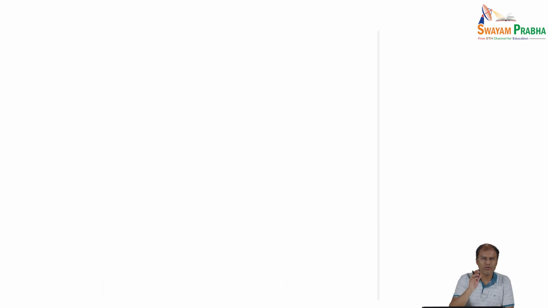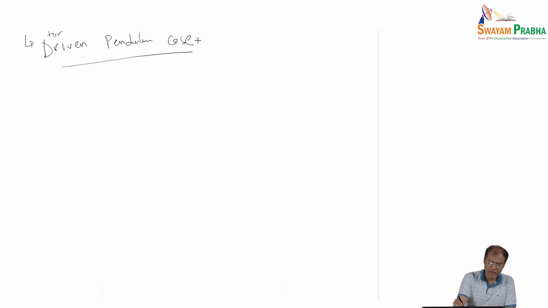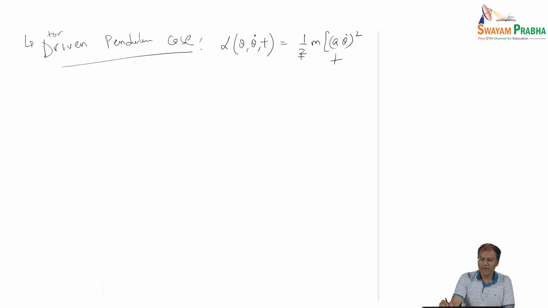So for example, let me just show you with an example. For our driven pendulum case, we see that L of theta comma theta dot comma t. Now I am introducing Lagrangian with the notation capital L. So L of theta, theta dot, t is half m of a theta dot square plus, Lagrangian will be kinetic energy minus potential energy.